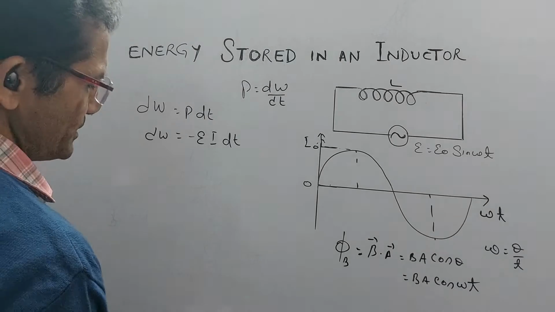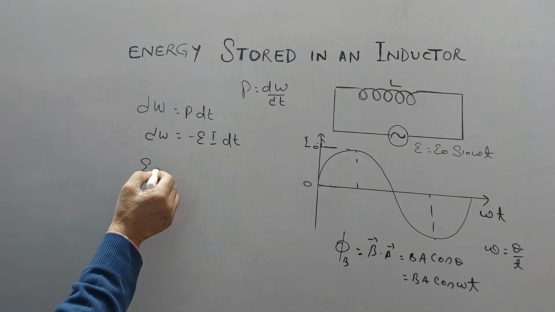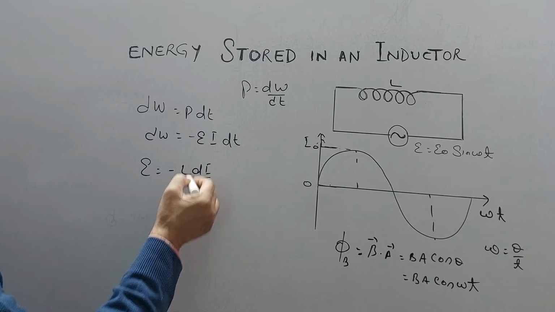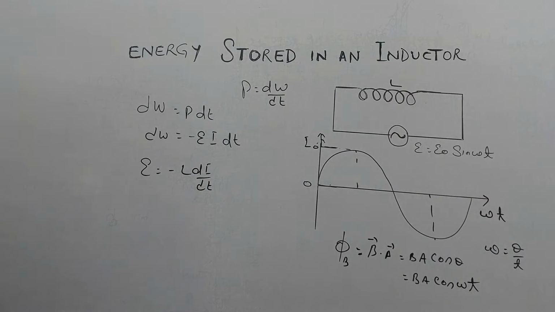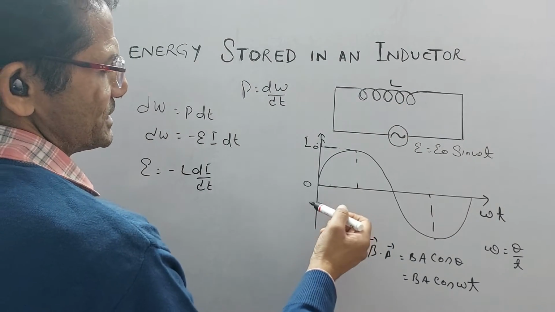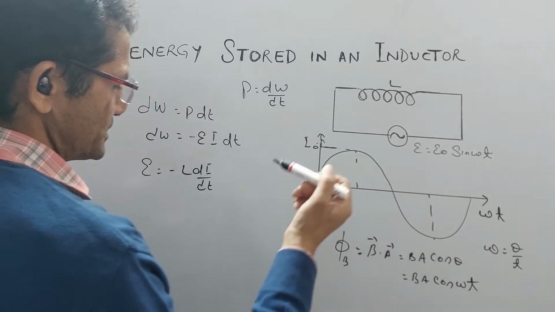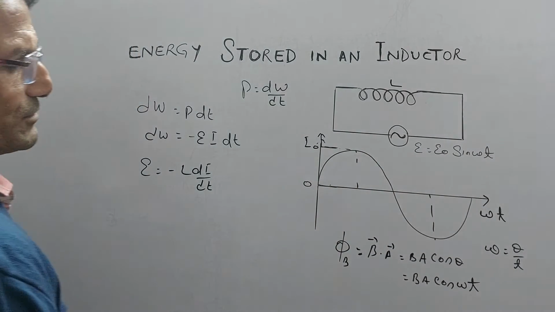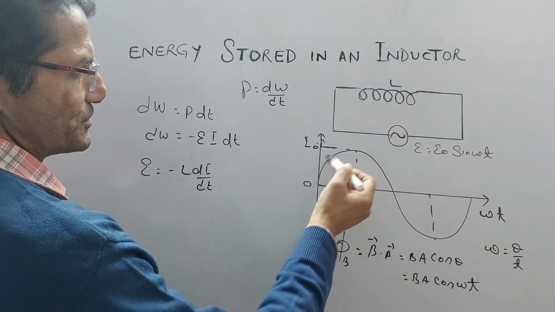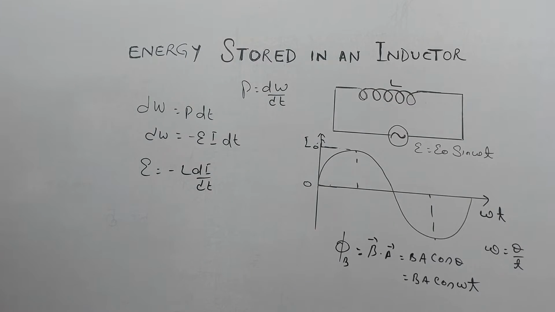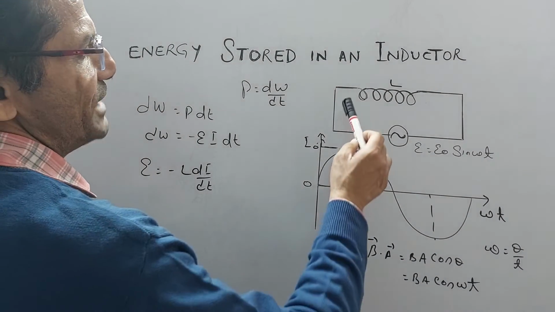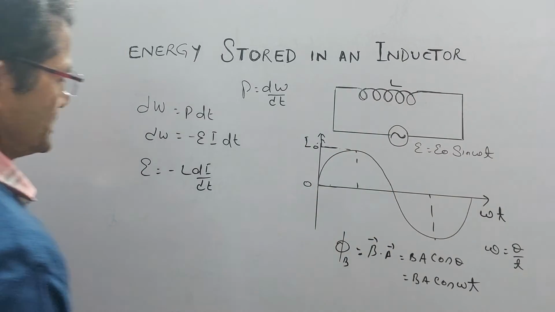Also, the EMF induced is E equals minus L dI upon dt, where dI upon dt is the rise of the current in this circuit. This induced EMF always opposes the rising and also the decrease of the current. So what will be the work done if the current rises from 0 to I naught? That work done is later stored as magnetic energy inside this inductor.